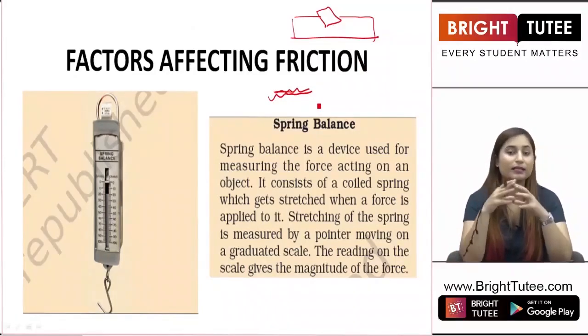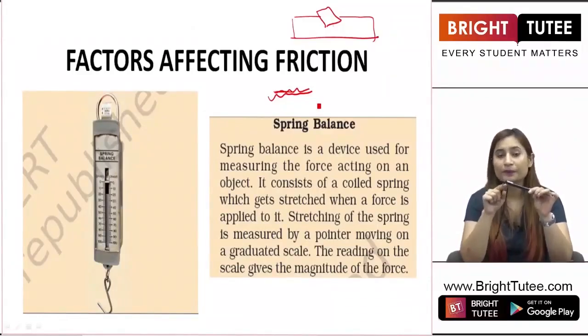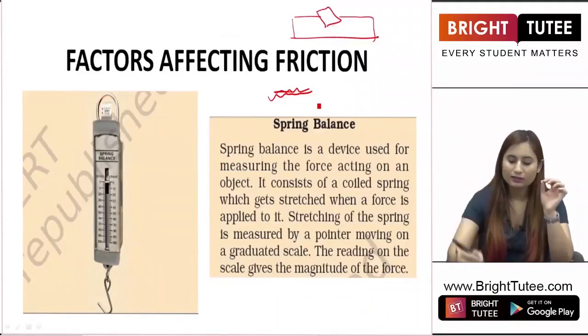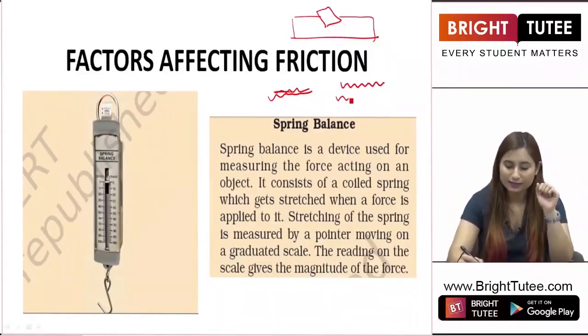If there is a substance, it has a smooth surface. Whatever we see, there is a pen, I have a pen with me, and I can see that the surface is pretty smooth. But when you see the magnified version of this pen only, the surface is not that smooth. Surface is like this. And for the table as well, the surface is like this only.